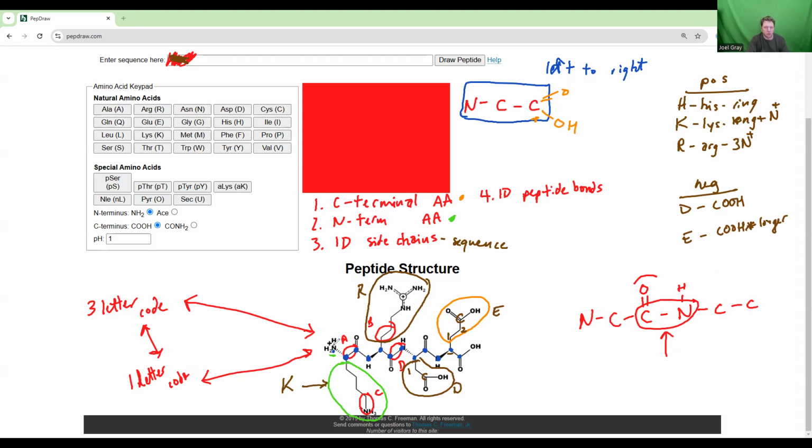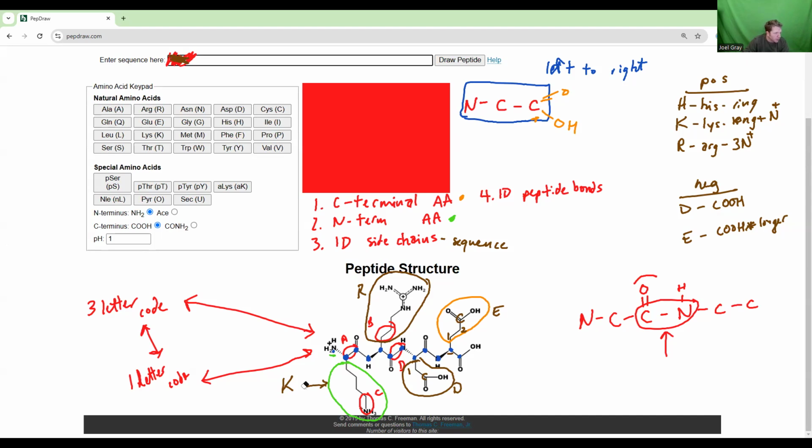Now, looking at this kind of skeletal structure is a little bit tricky. I'm going to screenshot things that I've already drawn on here, throw that into a Word doc so that I can post that to our Canvas page, because I'm about to erase stuff.